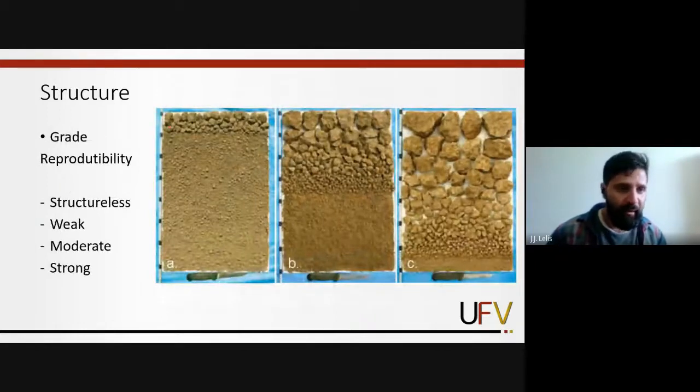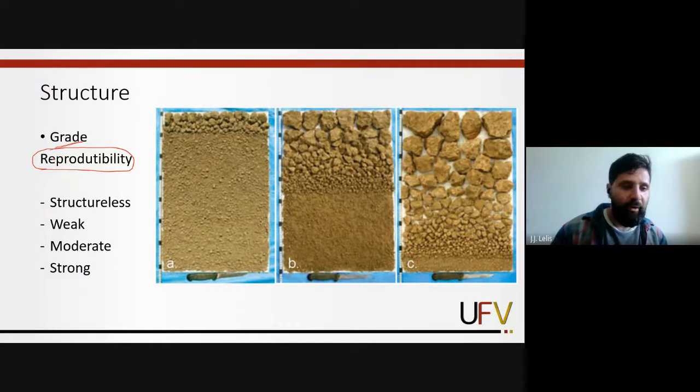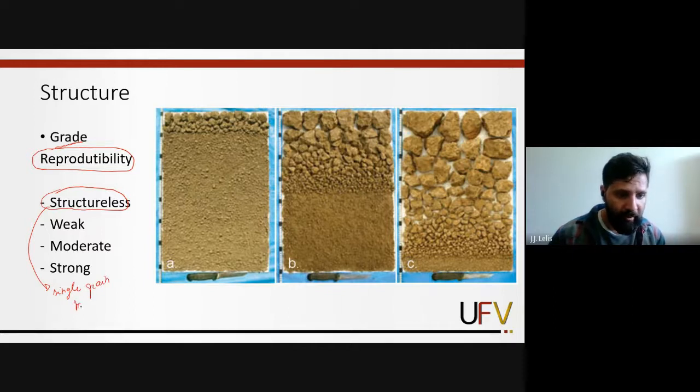And in the end, you should describe the grade of the structure. What is the grade? It's the reproducibility of the aggregation, the pads. First of all, we should classify as structureless materials those horizons or layers that have a single grain or a massive structure.